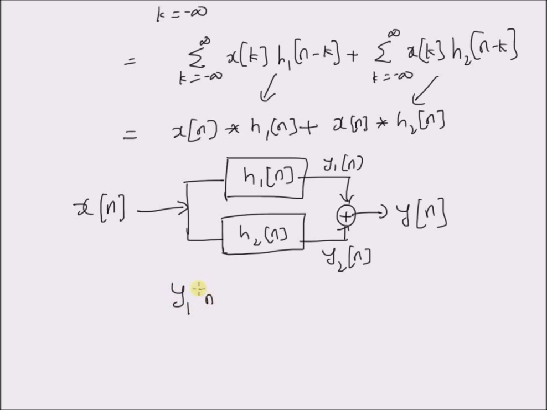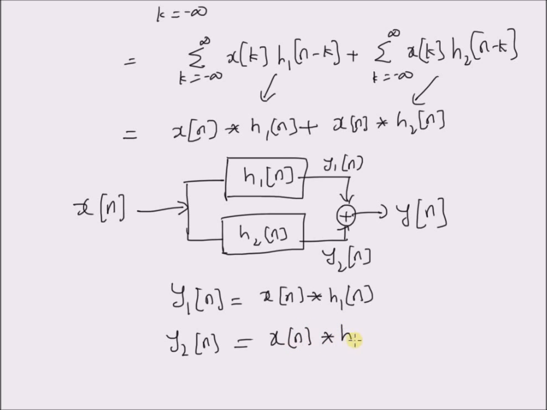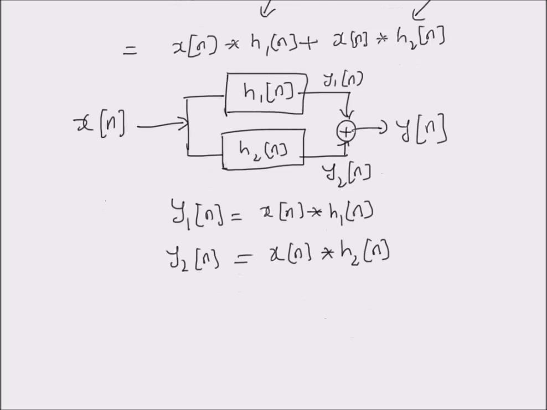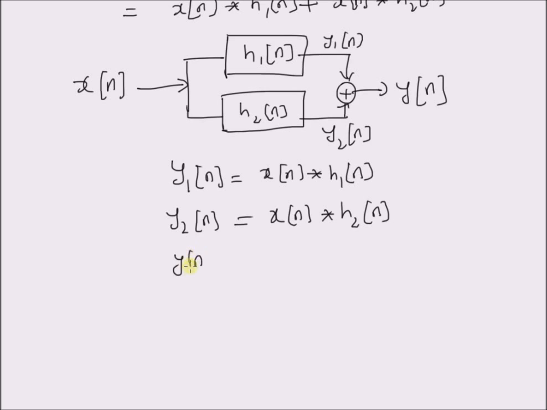Therefore, y1 of n is convolution of x of n with h1 of n, and y2 of n is convolution of x of n, the input, with h2 of n. And the final output y of n is simply the sum of y1 of n with y2 of n.